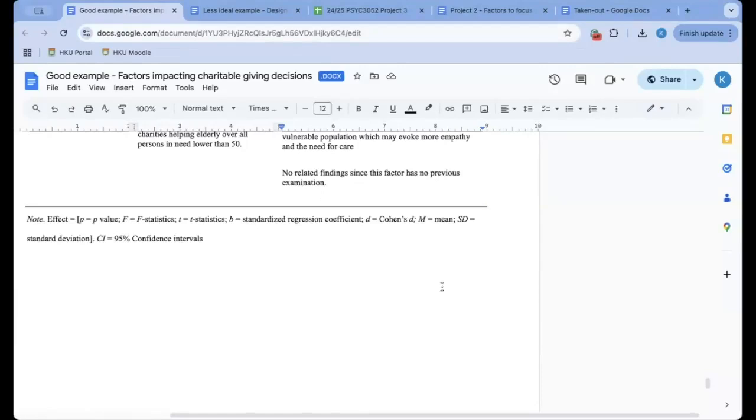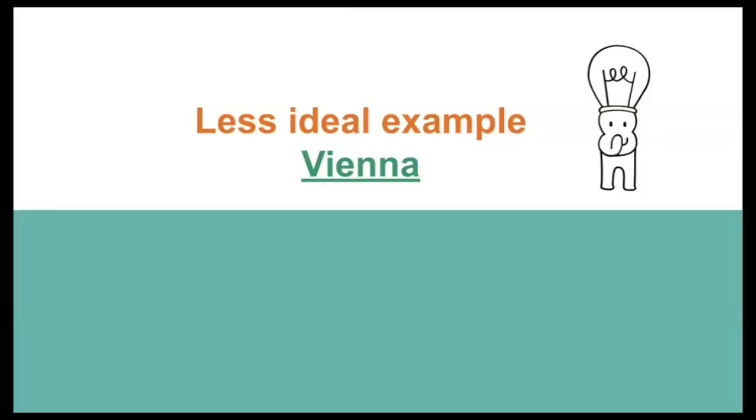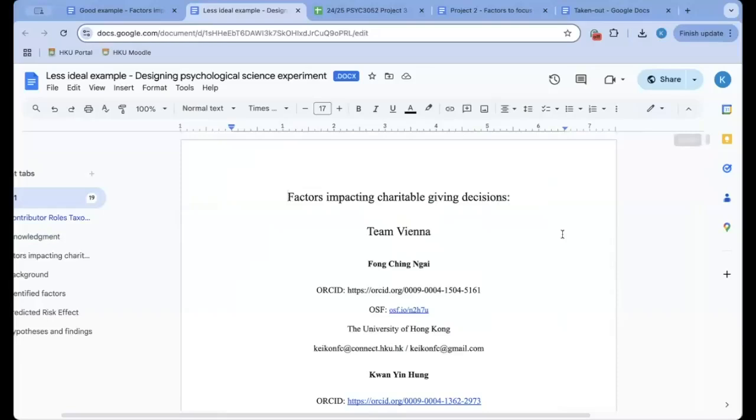On to the less ideal example. The less ideal example from last semester was from Vienna.